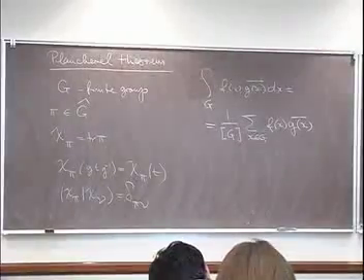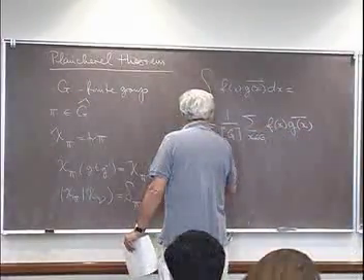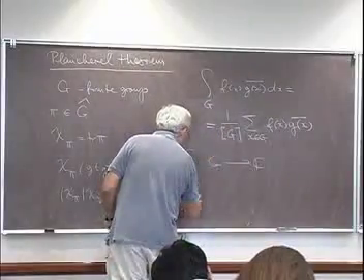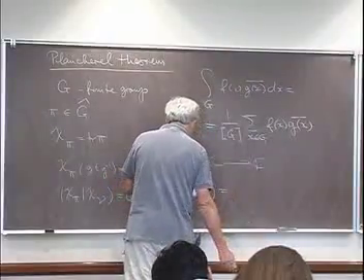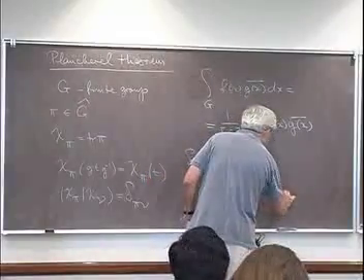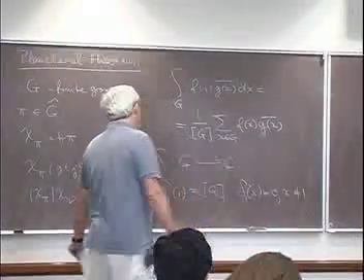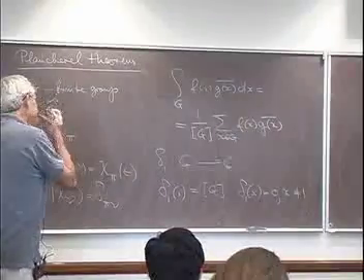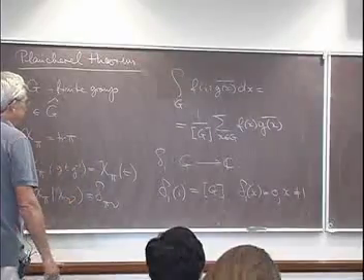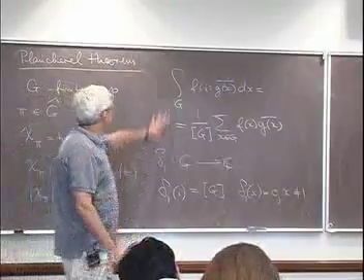So therefore, in particular, I can take the function delta 1 on G with complex values, which has the property that delta 1 at the identity is equal to the cardinality of the group G, and delta 1 at any other element is equal to 0, so that its integral is 1 with respect to this inner product.